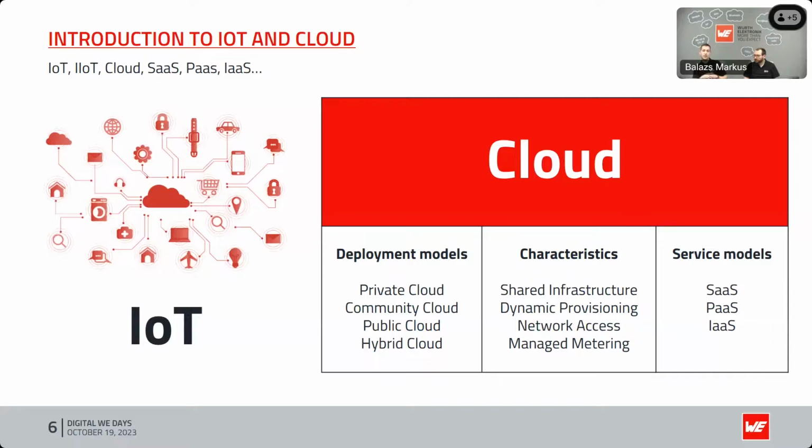And there is a hybrid cloud, which is basically a combination of the previous ones, where we combine different types of clouds, and these clouds have the ability to communicate with each other. Most commonly, these clouds have a shared infrastructure, which means that they use a virtualized software model, and even the physical parameters and the memory of the hardware can be customized through a web interface by the user or the customer.